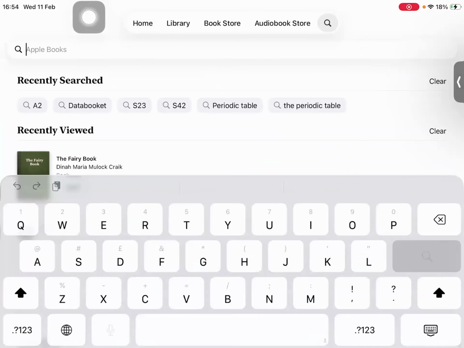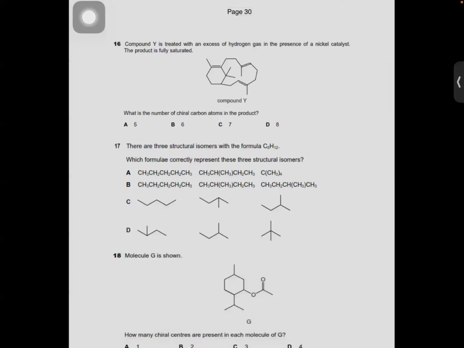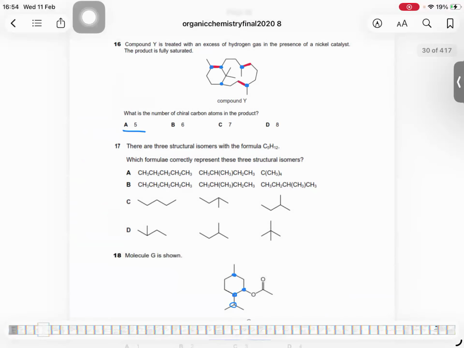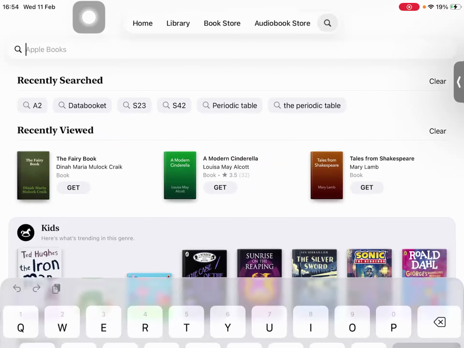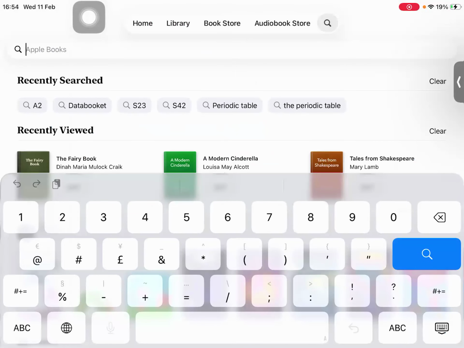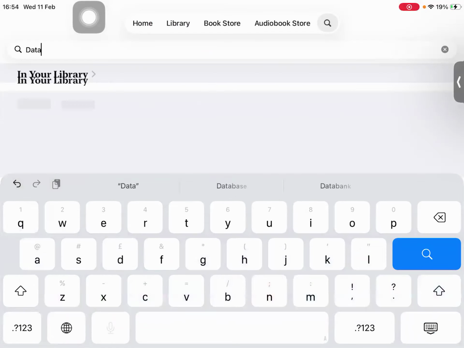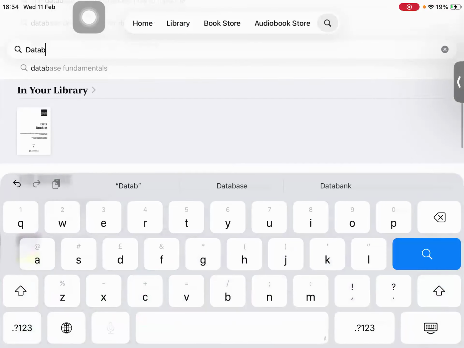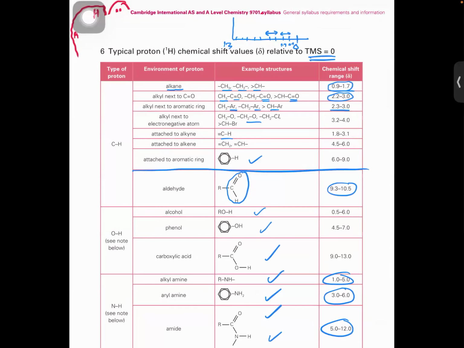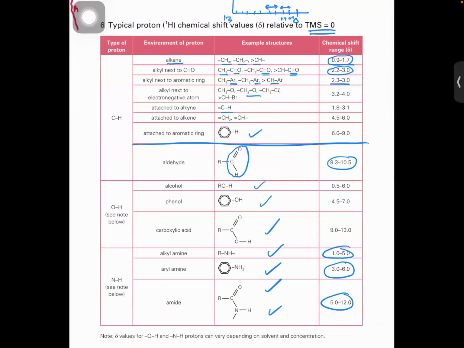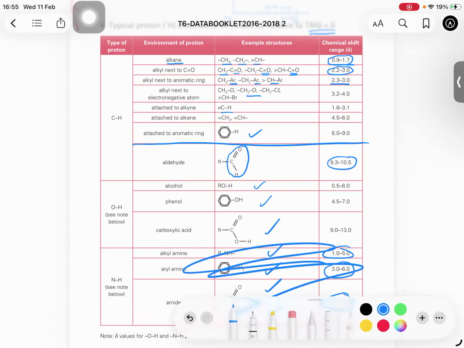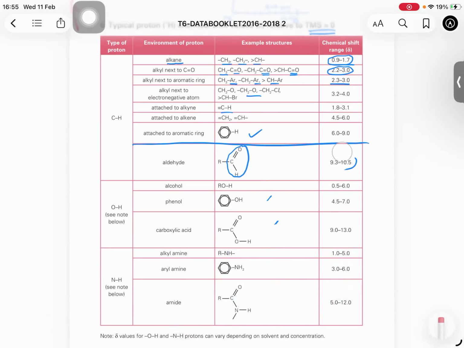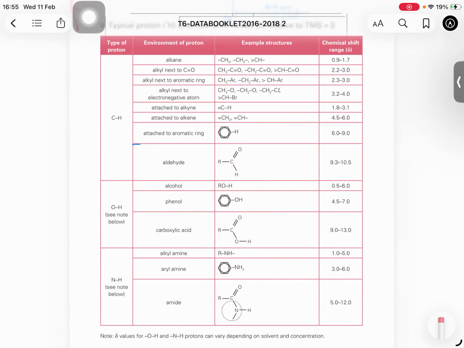Look at this. This is the data, kids, and you are not supposed to learn it.